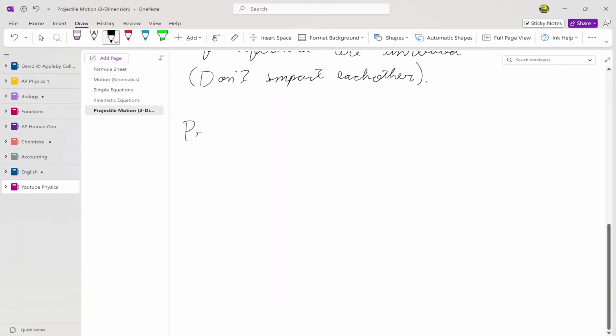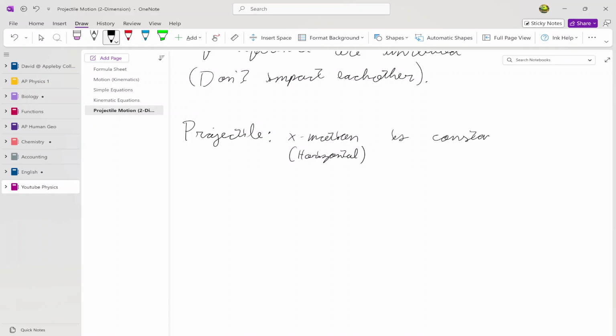And what's a projectile then? Similar to the definition from before, but for projectiles specifically, when we're talking about the x and y breakdowns, the x motion, the horizontal, is constant, okay? And this is very important. It's a constant velocity.